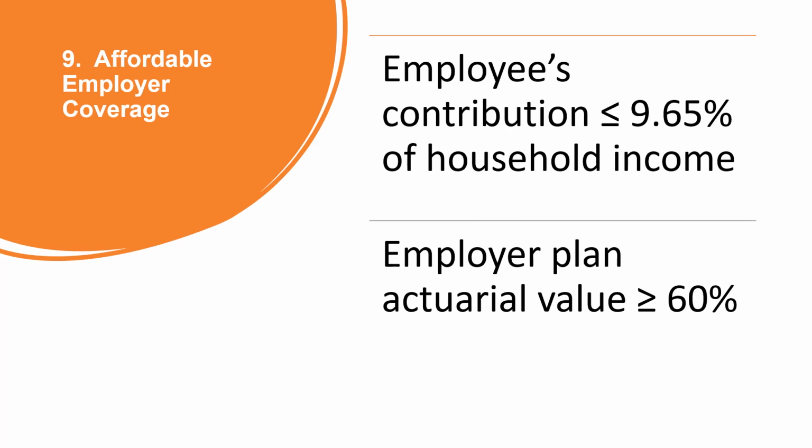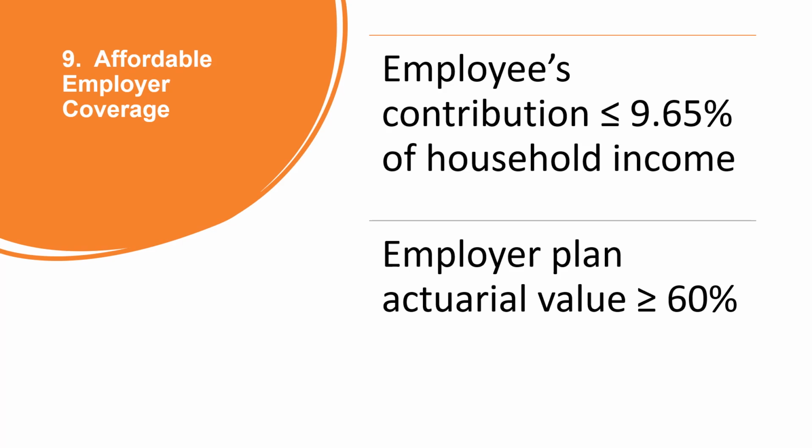So the other thing kind of related to that is that the employer also has to provide affordable coverage, which means, again, that the actuarial value has to be greater than or equal to 60%, but the employee's contribution to the premium cannot be more than 9.65% of the household income.